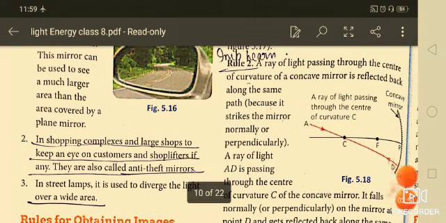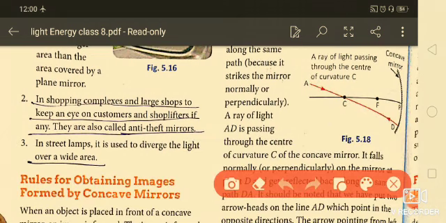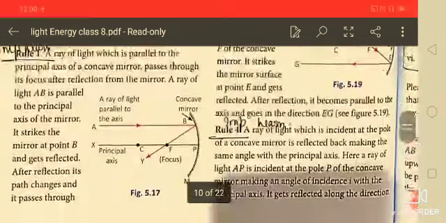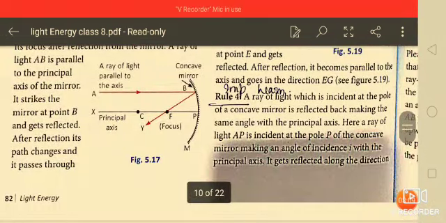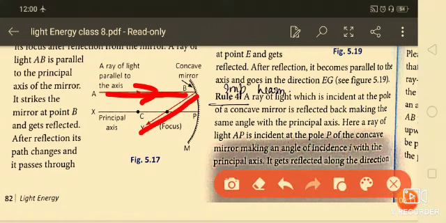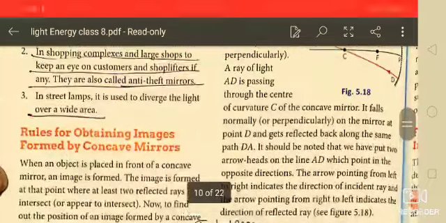Okay. In this rule you can see that after reflection, the light moves in the very same direction. In rule number one, after reflection the parallel light moves through the focus. So this is the difference.